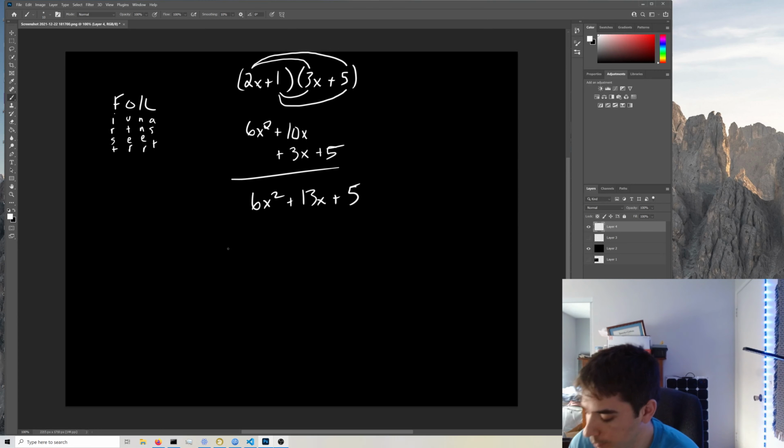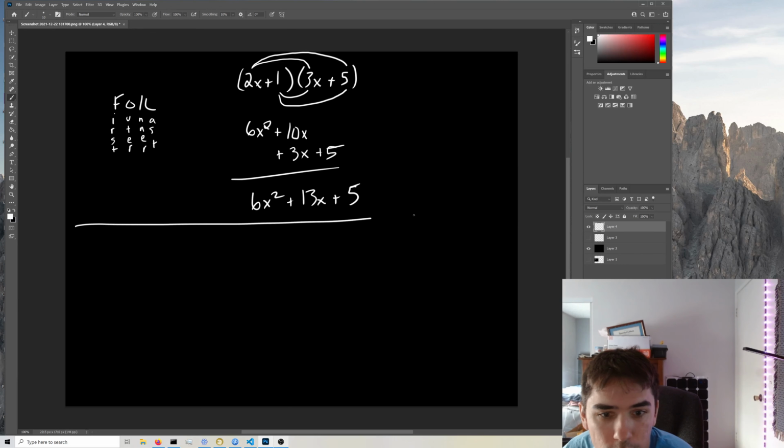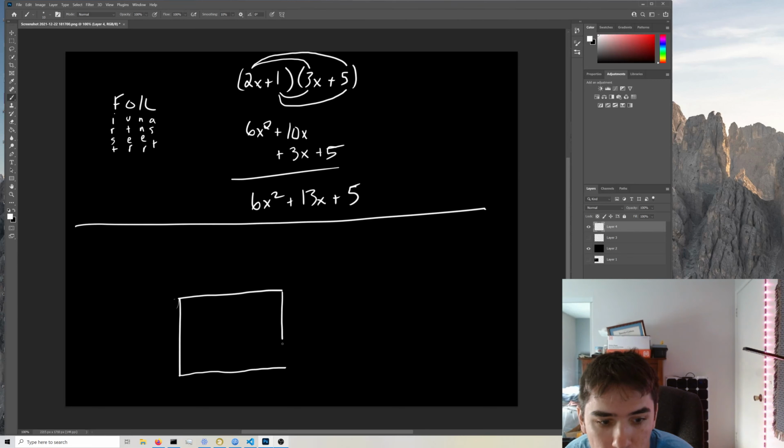So that's FOIL. So now we're going to do the box method. Normally when I'm doing it on my own, I just draw this, but to do it more correctly, you should probably draw the whole box. So I'm going to do that.